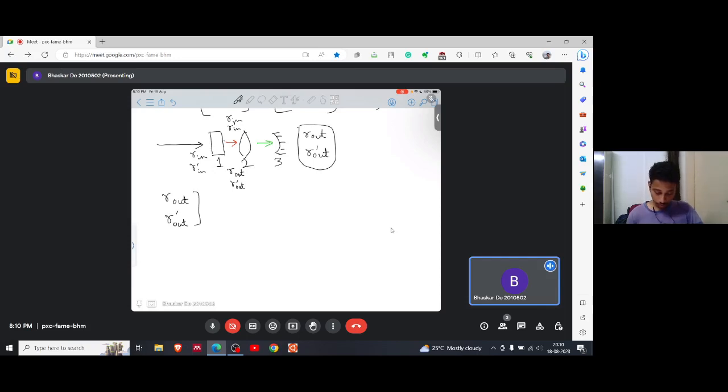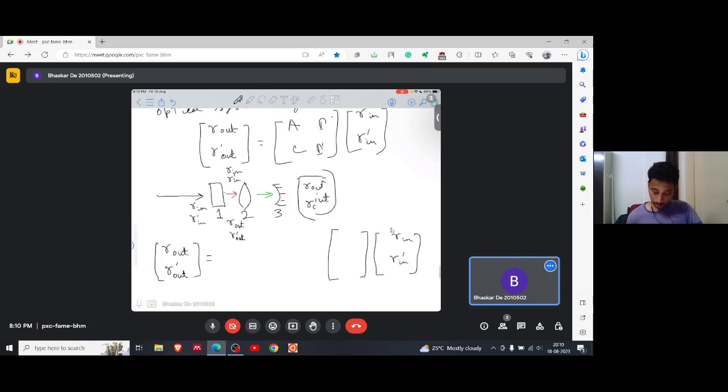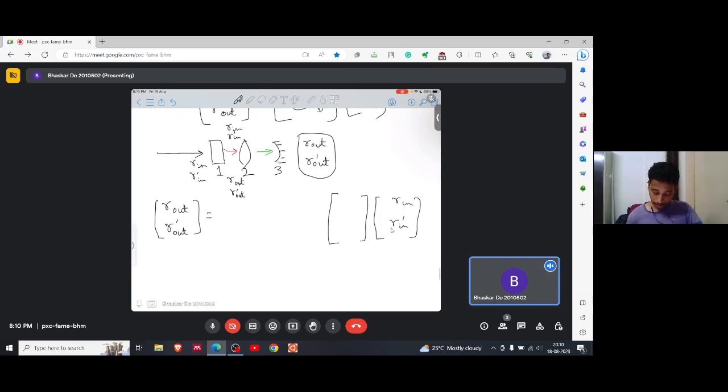In order to do that, here it is R in dash. Now we'll have a 2 cross 2 matrix for this block 1. Then we'll have another matrix for the second optical element, that is the lens.